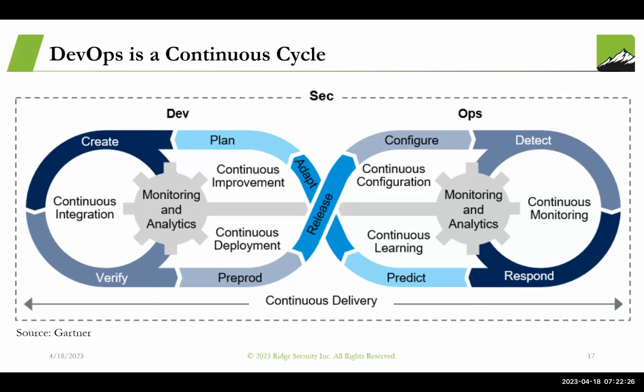That means release to Ops. And on the Ops side, we have release, that is receive the release from Dev. That's where we begin. Then we have configuration, we have detection, respond, predict, and adapt.